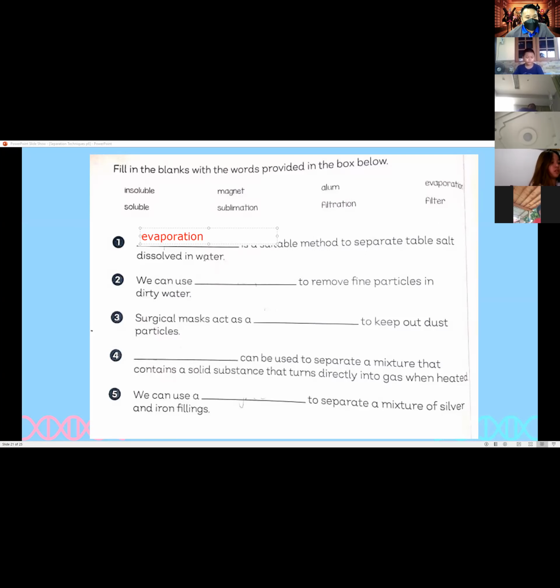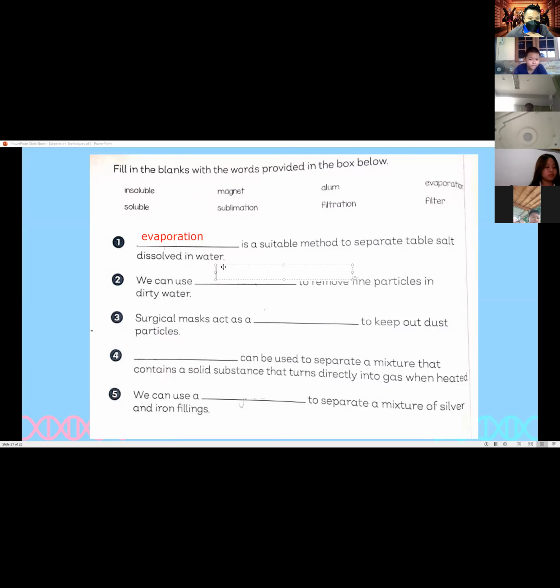Next, we can use blank to remove fine particles in dirty water. What is that? For example, clean water, dirty water with sand. What do we need to use to make it separated? Filtration.